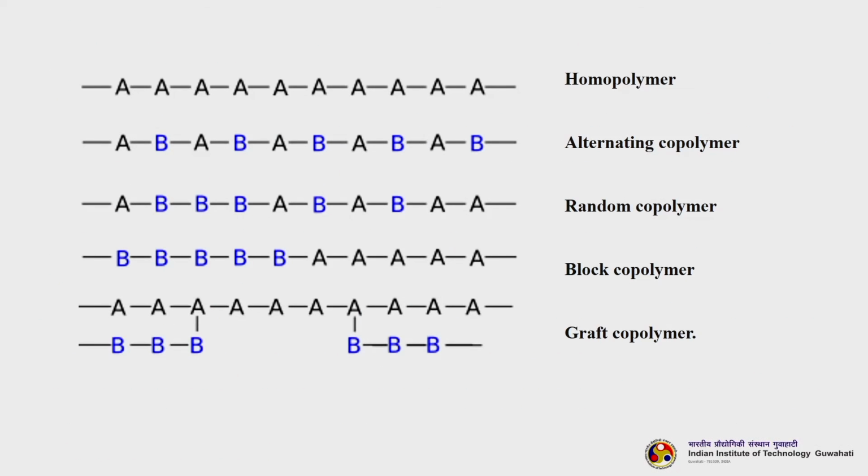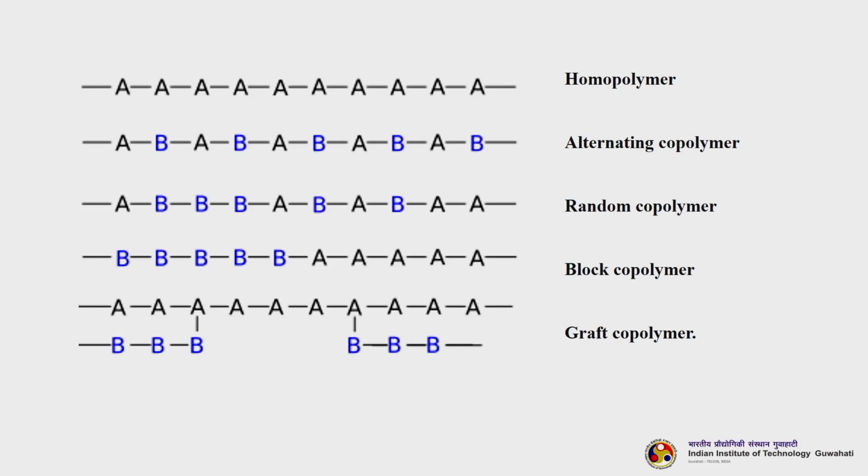Let us have a look at this particular image, where you can see the different structures of polymers. In the homopolymer there is only a single type of monomer. In the alternating copolymer, we have one type of monomer A followed by a different monomer B, then again A, again B. So it goes in a sequence. This is a random copolymer, where A and B are fused together randomly, with no particular sequence followed.